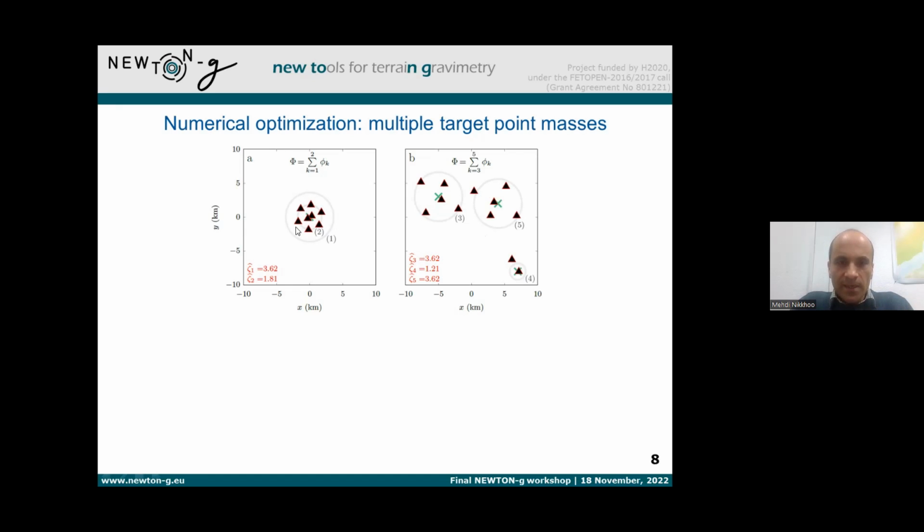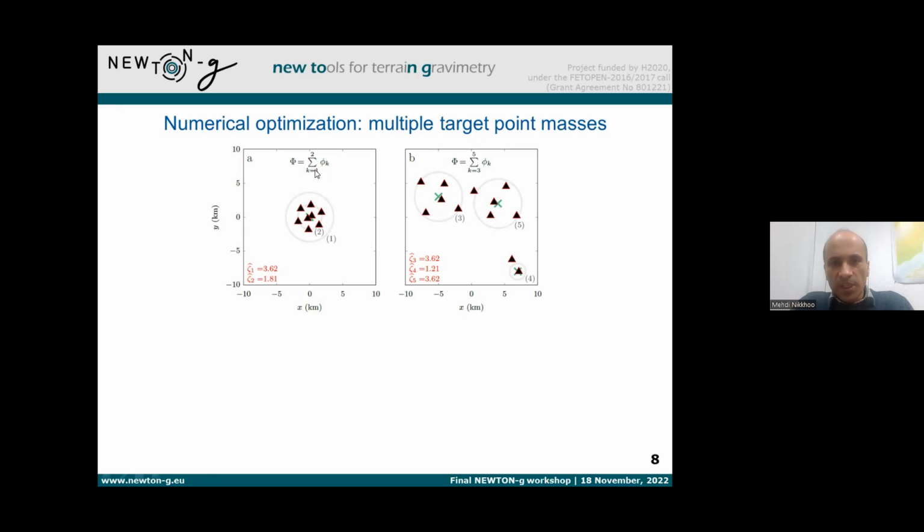But as you can see here in panel A, there is no gravimeter on the characteristic circle associated with source number 1. And in panel B, you can see that these 2 point masses are getting 5 gravimeters, but the third one is getting only 2.